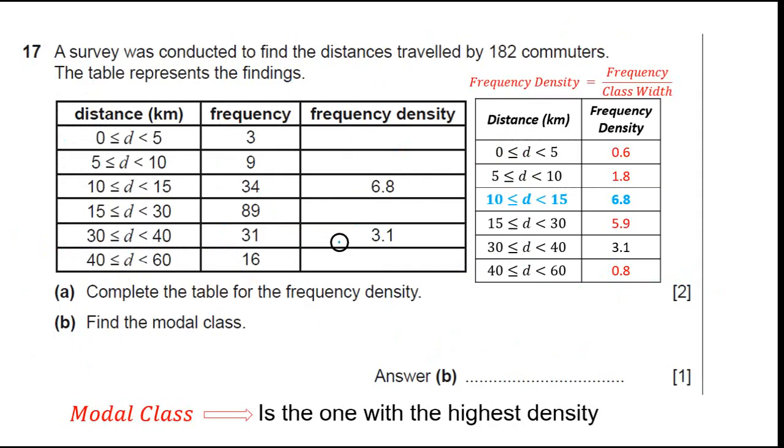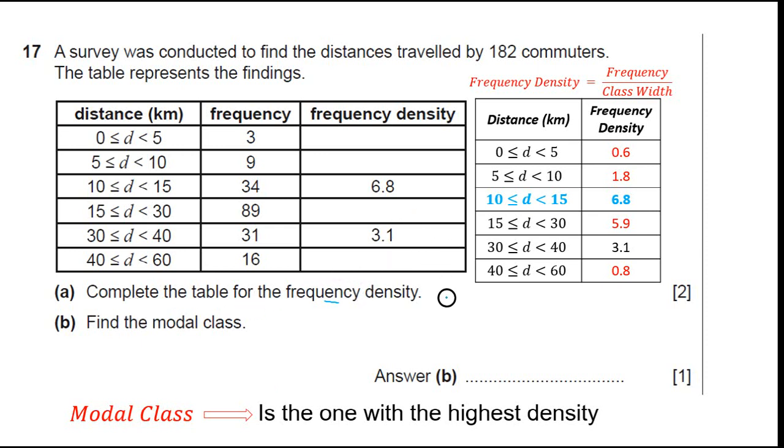Now, let's go to our next one. So I brought my table back. I just decided to leave out certain things. They say complete the table for the frequency density, which is this stuff in red. The modal class is the one with the highest frequency density. Which one has the highest frequency density?